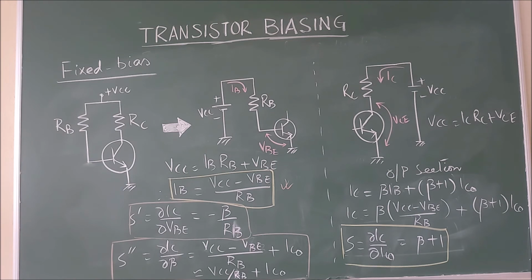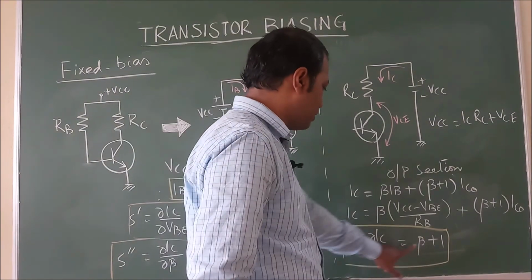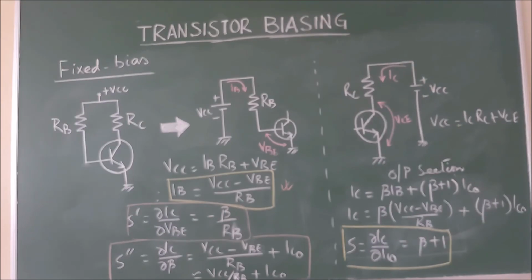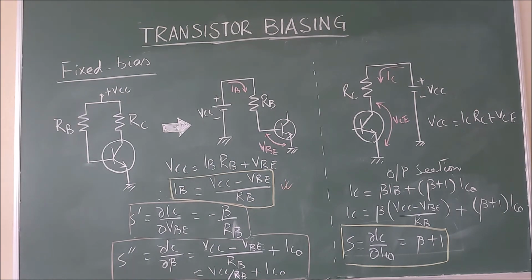So if we replace the transistor with one having beta 99, then 99 plus 1 becomes 100. So del IC is equal to 100 into del ICO. That means the collector current changes 100 times faster, so it is not improved. But the second and third, S dash and S double dash, are improved. We can stabilize the transistor by changing the value of RB.